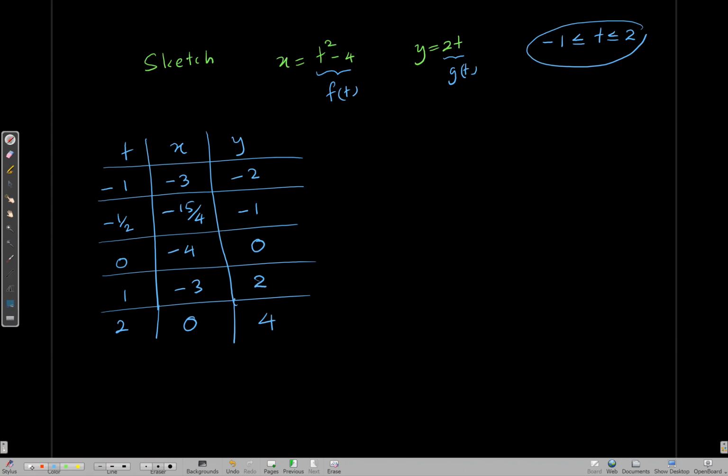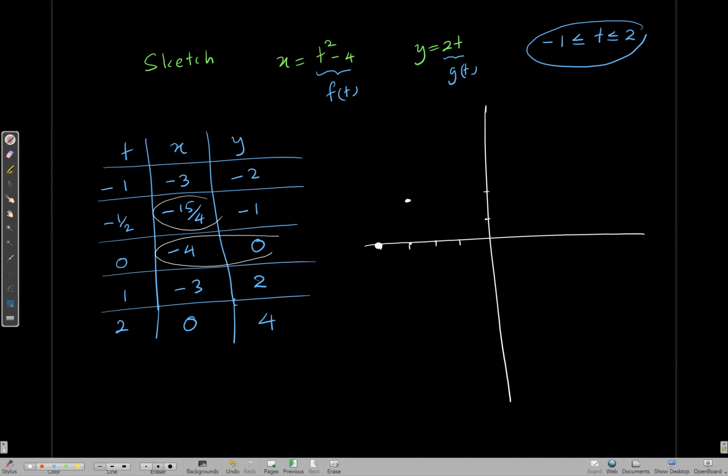Now if you draw this, all you need to do is plot x and y and draw it. So -3, -2, somewhere here, and then -15/4, that is about -3 point something, so somewhere here, and -4, 0. So it's going through this, and -3, 0, this value is a little above -3.